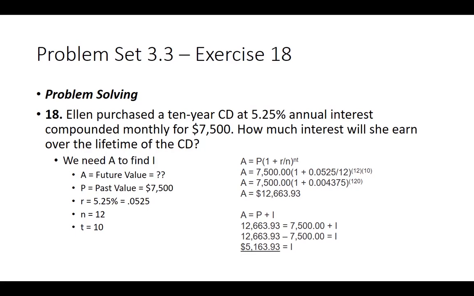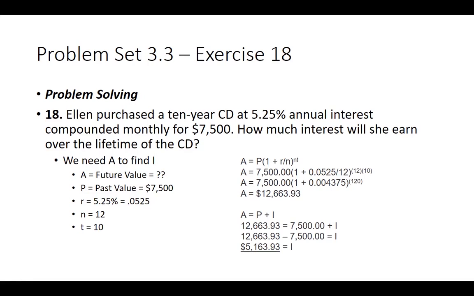So we're not looking for the future value. We're looking for the amount of interest. The future value is going to be the principal plus the interest. So we need to find the future value in order to find the interest. So even though it doesn't answer the question, we still need to find the future value first.